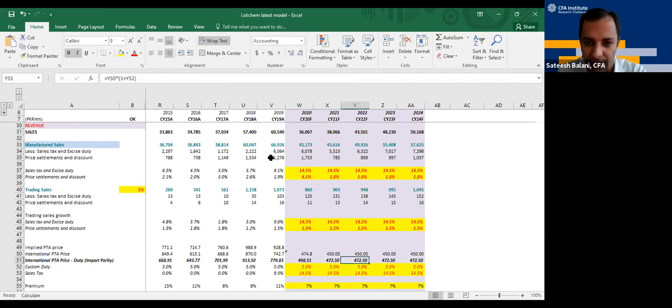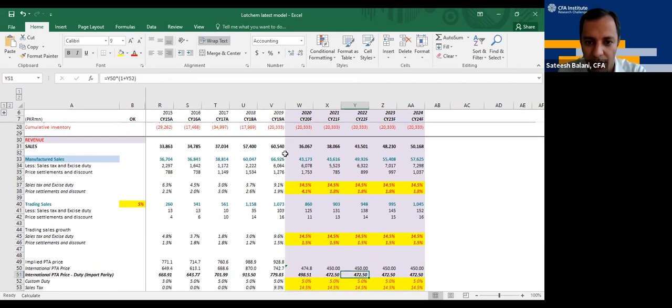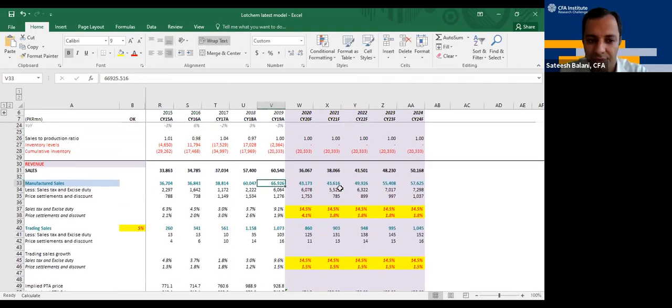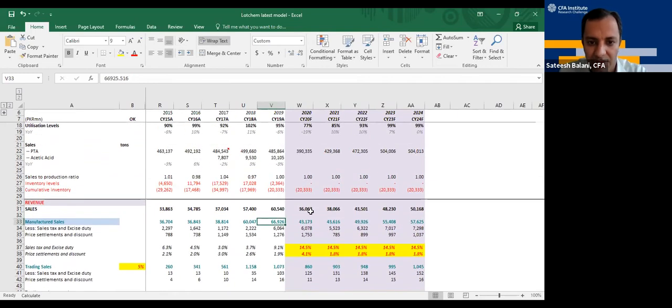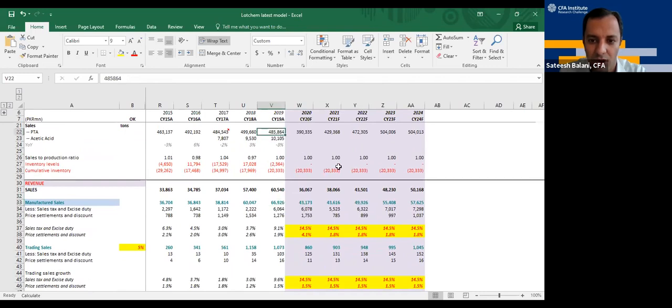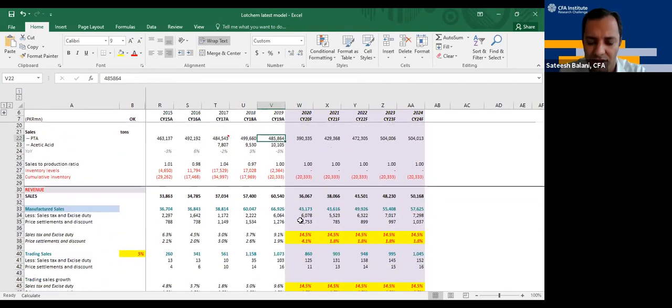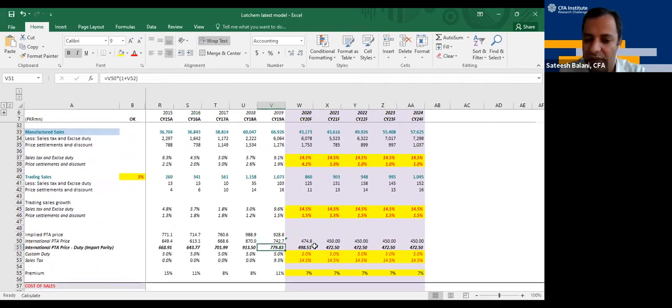So in this year, this company earned total gross revenue of 67 billion because they sold a little more, and the PTA price was $779. Today it's roughly half. So my revenues fall accordingly. So these kinds of assumptions are important.